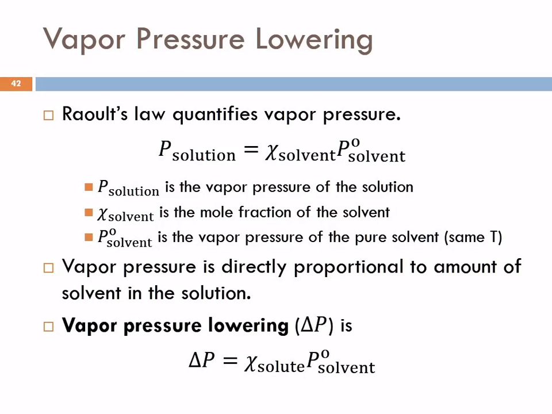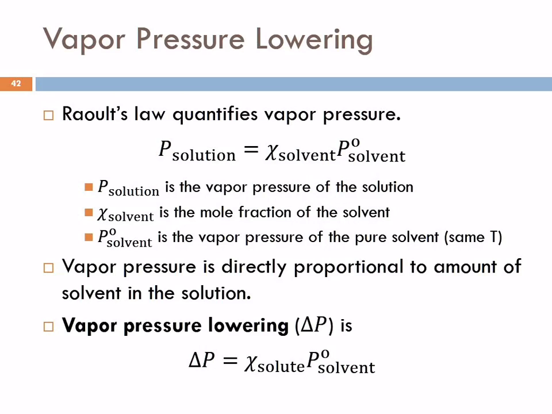We can quantify this. Raoult's law is used to quantify vapor pressure. The vapor pressure of a solution is equal to the mole fraction of the solvent times the vapor pressure of the pure solvent. So if you have pure solvent, then the mole fraction would be 1 times its pure solvent vapor pressure, and the pressure of the solution will be the same.